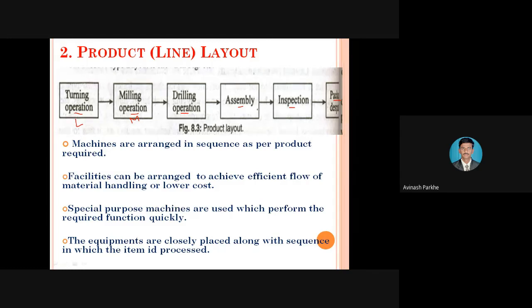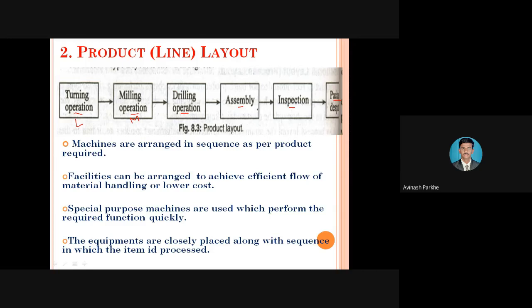Therefore, in this product type of layout, whatever the sequence of machine is, it is finalized. So I have to break that particular sequence of operation, and as per the requirement of the new product, I have to finalize a new sequence, and according to that new sequence of operations, I have to set the machines once again. So the flexibility is very, very less.